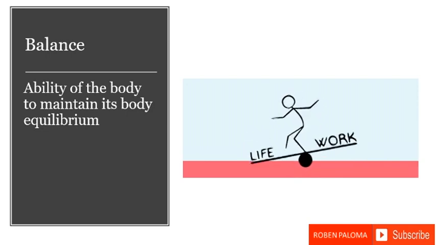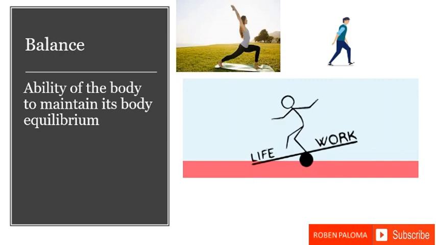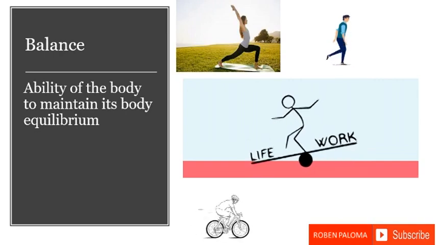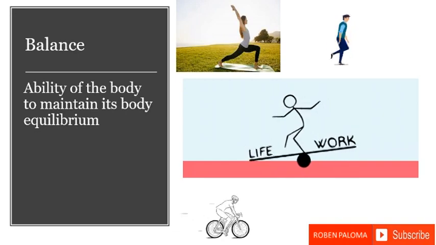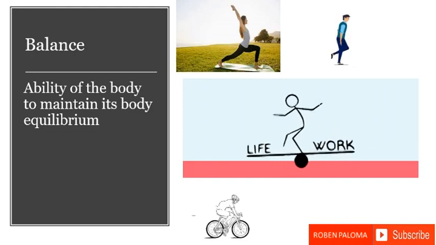This kind of component is very important in yoga, walking, and riding a bicycle. Imagine if you don't have balance in this activity or in this kind of situation, what will happen in your daily lives? So therefore, that is the essence and importance of balance.